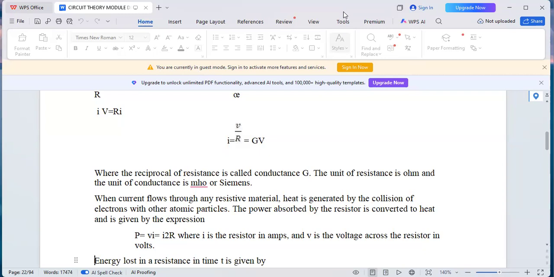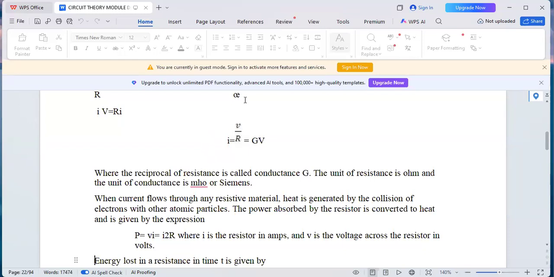Okay. So, you said I equal to V over R. Is that what you're talking about? Yes, sir. I equal to V over R, right? Mm-hmm.